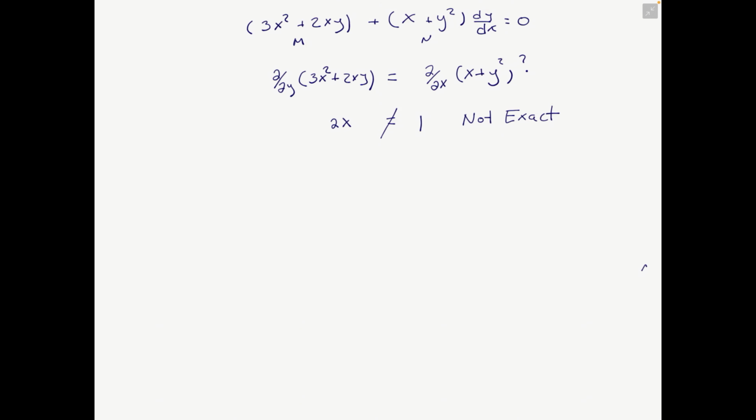Let's take a look. d/dy is 2x, and d/dx is equal to 1. So these do not equal each other and it's not exact, and so no solution.